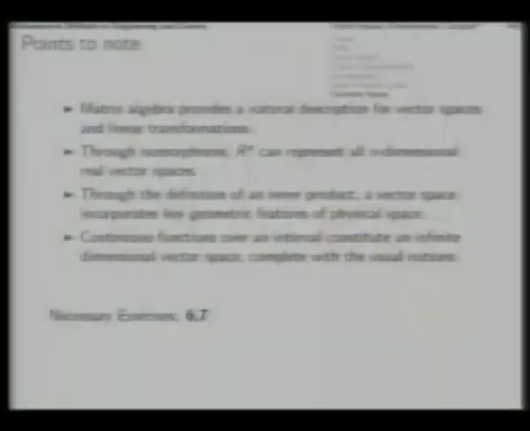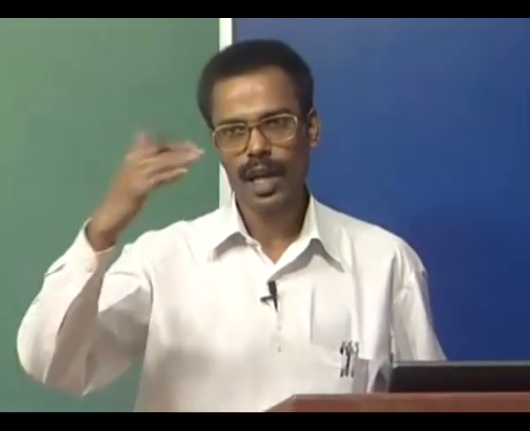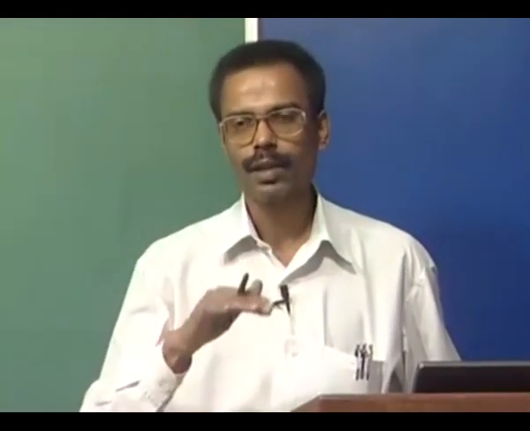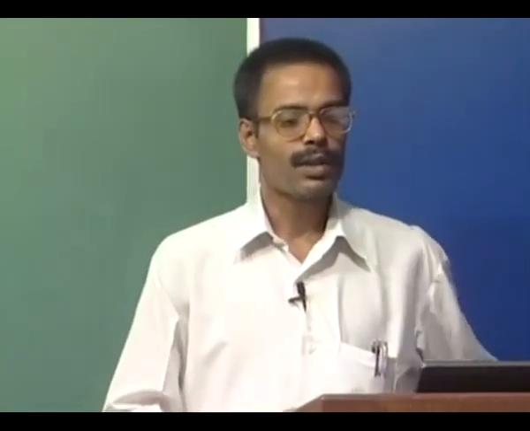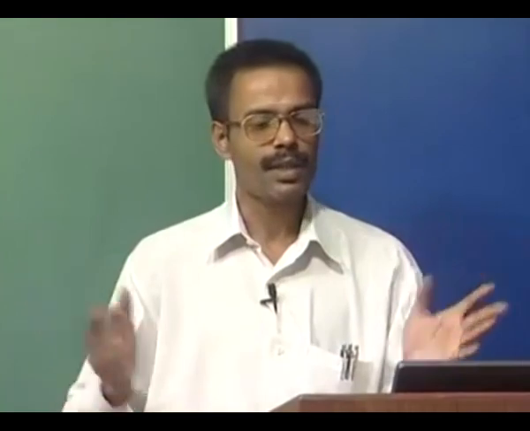And the third important issue that we have seen in this lesson is that through the definition of an inner product, the key ideas of angle and length from ordinary geometry are brought into the discussion of vector spaces. So, these incorporate the key geometric features of physical space.